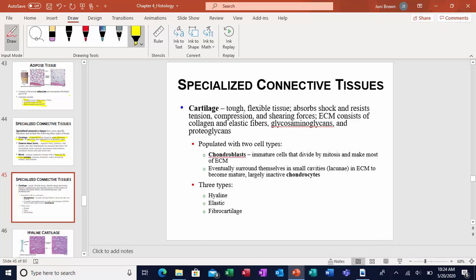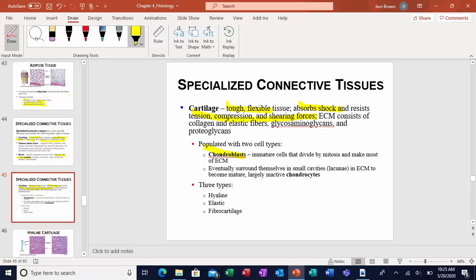Cartilage. It's very tough and flexible. It absorbs shock. And it resists a lot of tension and compression and shearing. Got a lot of collagen and elastic fibers in it, the glycosaminoglycans and the proteoglycans in the ground substance are there. There's two cell types.